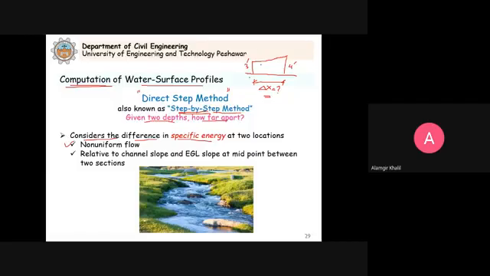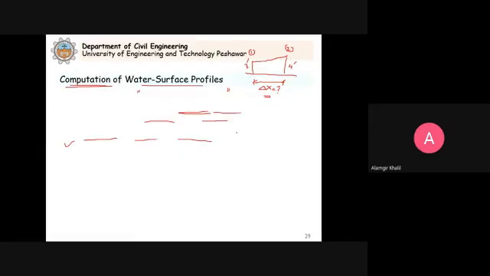So in this delta X, if you remember, we developed the equation for this. And when you calculate the slope that we encountered using Manning's equation, we use the average conditions. If I go back, this is the equation that we developed.